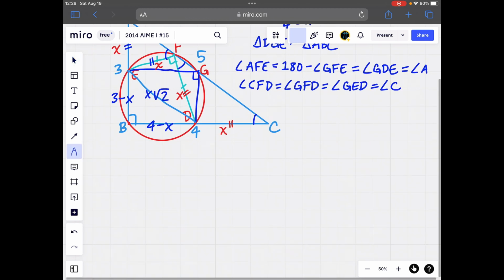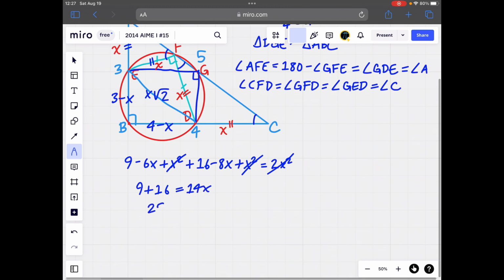So 3 minus X squared is just 9 minus 6X plus X squared. And then 4 minus X squared is 16 minus 8X plus X squared. We know this is equal to X root 2 squared, which is 2X squared. But X squared plus X squared equals 2X squared. That's good news. So we only have 9 plus 16 minus 14X equals 0. 9 plus 16 equals 14X. So we have 25 over 14 equals X.